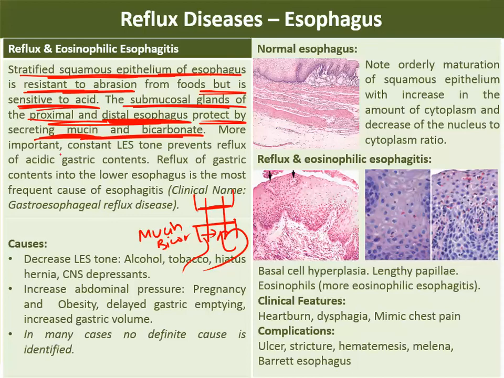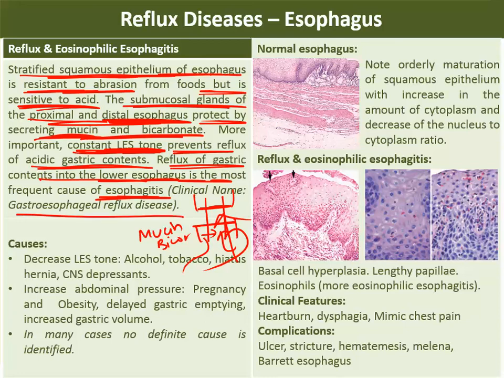Constant lower esophageal sphincter tone prevents reflux of acid gastric content. If the sphincter tone is good, the gastric content cannot come up. So the reflux of gastric content into the lower esophagus is the most common cause of esophagitis. That is, the stomach content entering the esophagus is the most common cause of esophagitis.